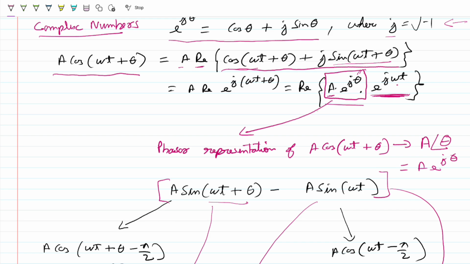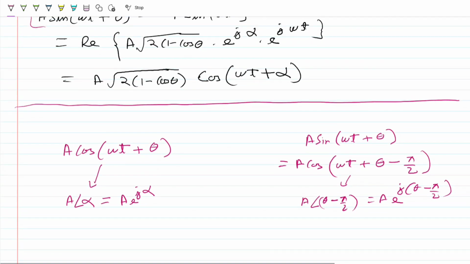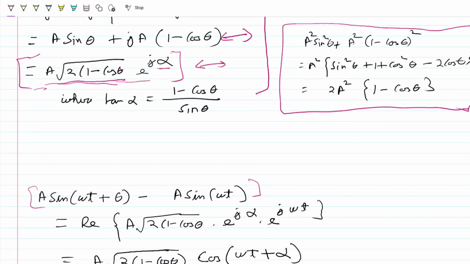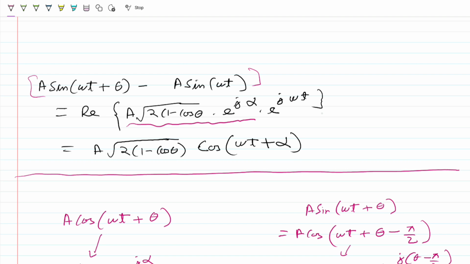And we take this Phasor number that we got here, and we put this into the expression for the real part of the Phasor into e to the power j omega t. And with a little bit of calculation, this comes out to be a times the square root of the magnitude here, cos(omega t plus alpha).